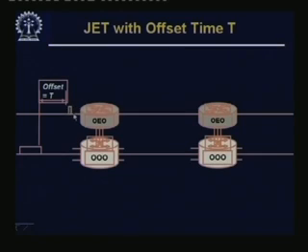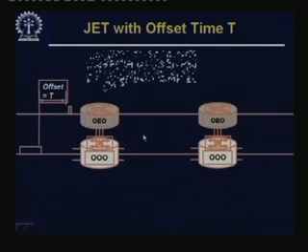So, we have the control packet moving in the control plane, and the burst over here, and there is an offset time t, which is just enough offset, that is the time we require for programming these intervening optical nodes.